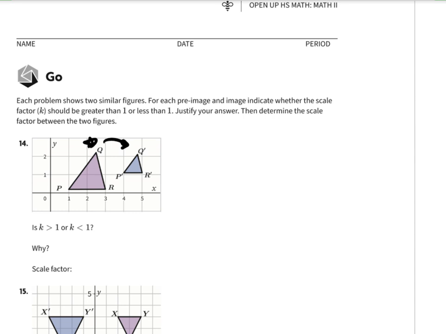Is k less than 1? So meaning is k a fraction? It is. And it looks to be, this distance here was 2, and this distance here is 1. So the scale factor is a half. So k is less than 1. And that's because the image gets smaller.